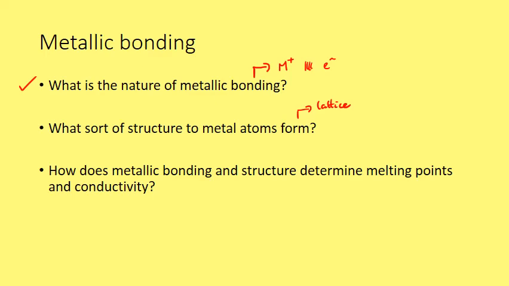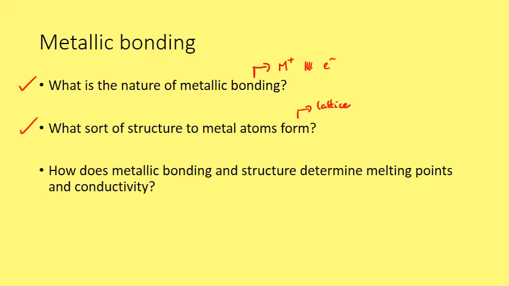So that's the first two covered off, and then the last point: how do they determine the properties such as melting points? Well, these metallic bonds are strong, and so the melting points are high, and they are higher with metal ions that have a higher charge and are smaller.